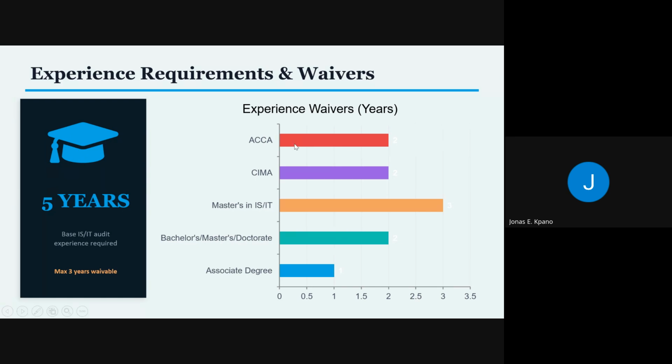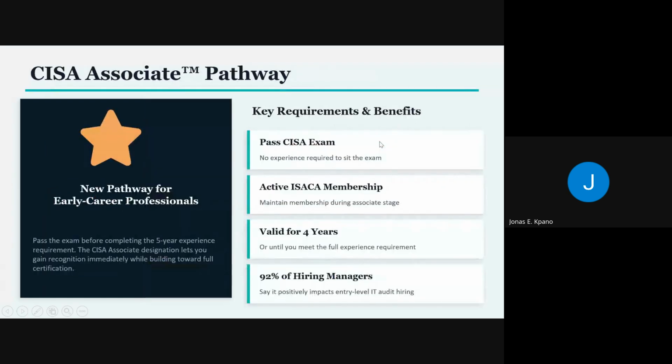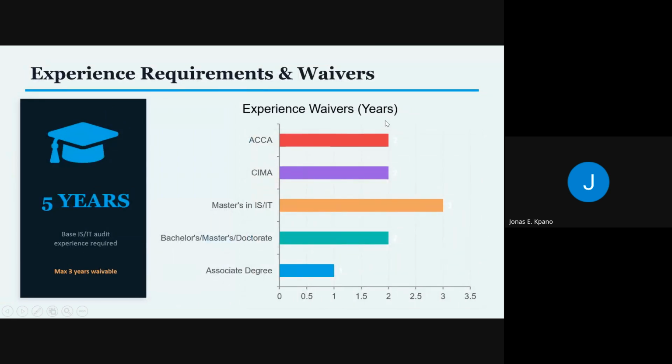If you have ACCA, that has a 2 years waiver. CIMA also has 2 years. If you have a master's in information systems or IT, that can waive 3 years of the 5 years experience. If you have a bachelor's, master's, or doctorate degree in any program at all, that can also waive 2 years out of the 5 years.